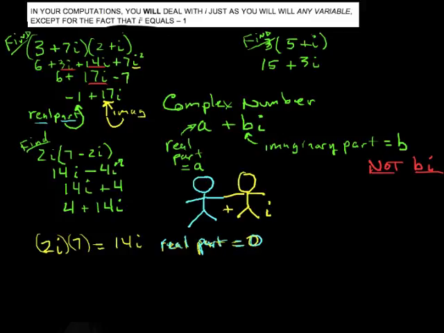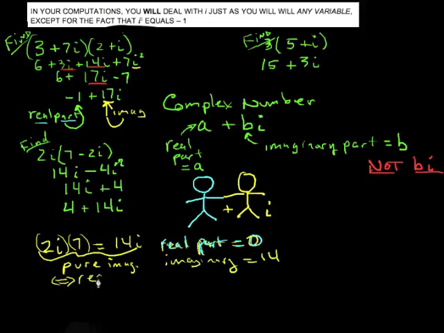The imaginary part equals 14, right? Not the i, just the 14. So this number right here is pure imaginary because it has no real part. Pure imaginary means real part equals 0.